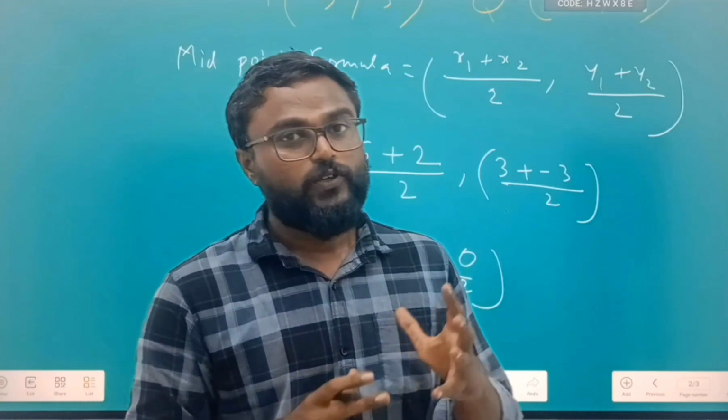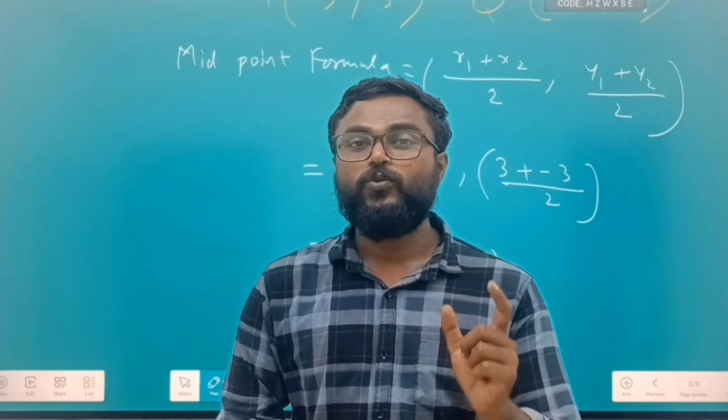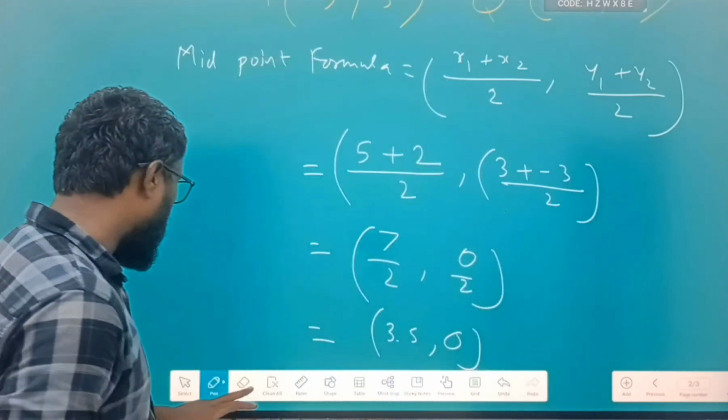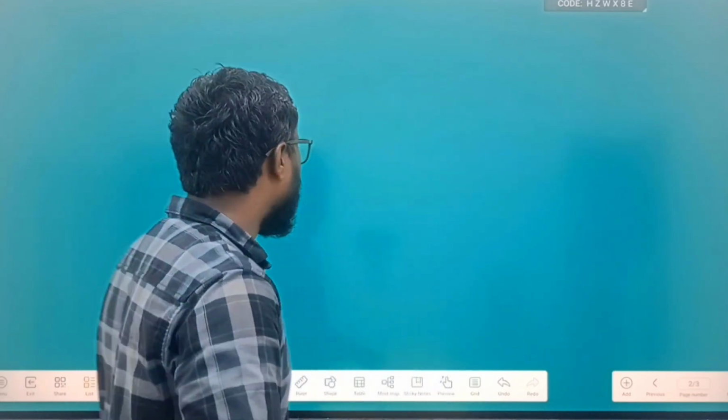So I hope you understood how to find the midpoint of any two given coordinate points. Now I'm going to give you two questions so that you can try them out, and if you get the answer, please put that into the comment box below.